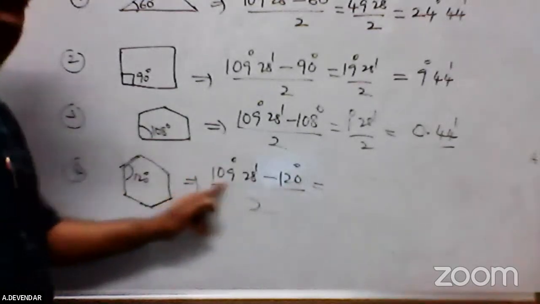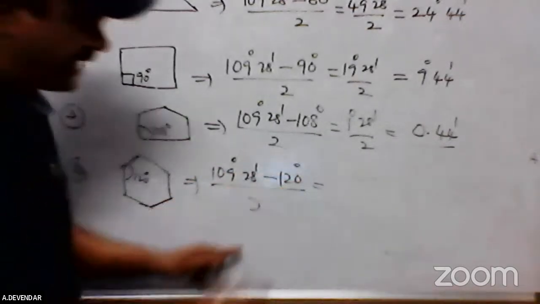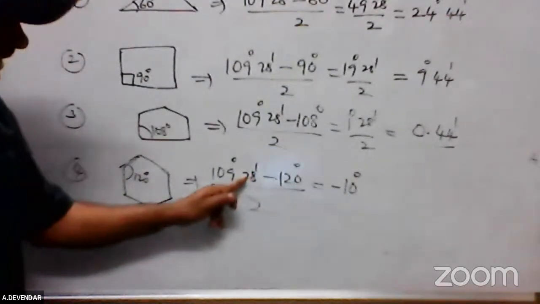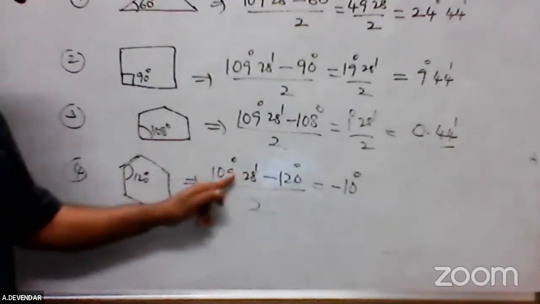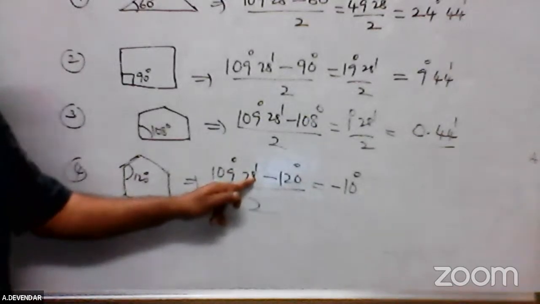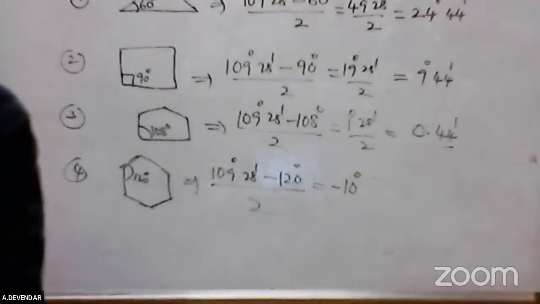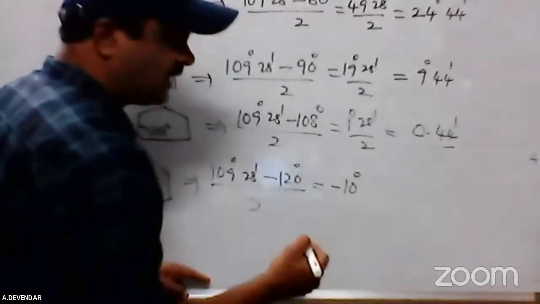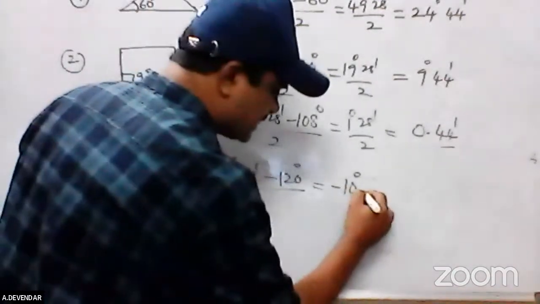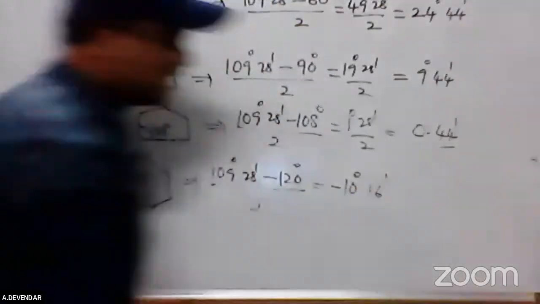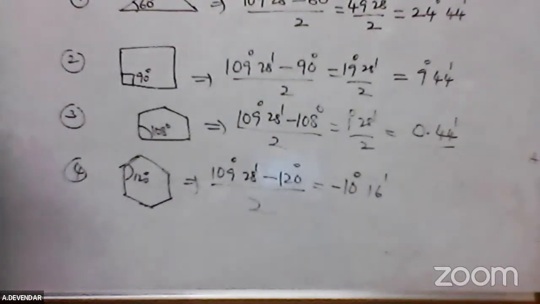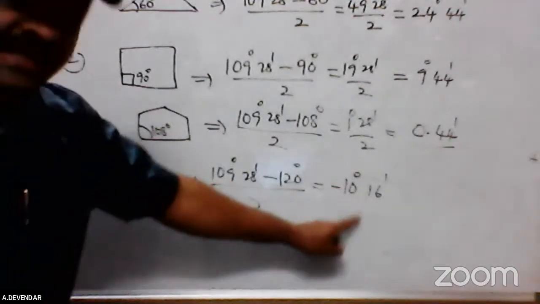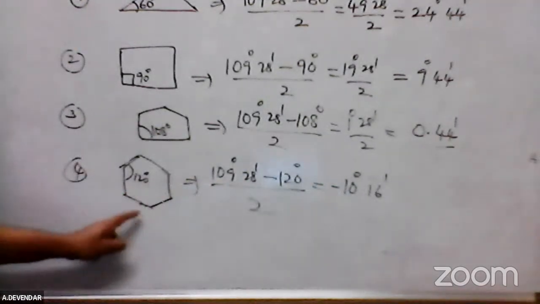I take it as 110, with the remaining 32 minutes added. 32 divided by 2 is 16. So the angle strain is 10 degrees 16 minutes.